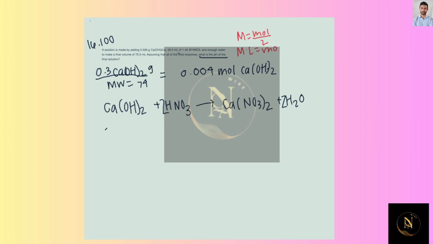One thing to make sure you know is that we are given 50 milliliters, so to get that into liters, you just divide by 1,000 milliliters per 1 liter. Therefore our new equation will be 1.4 times 0.05, and that will give us our moles of HNO3, which is 0.07.